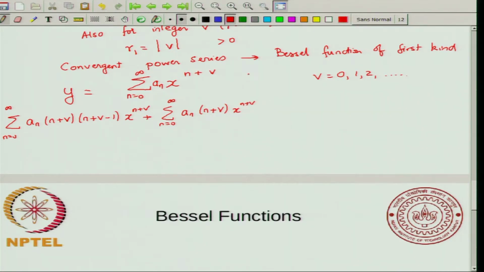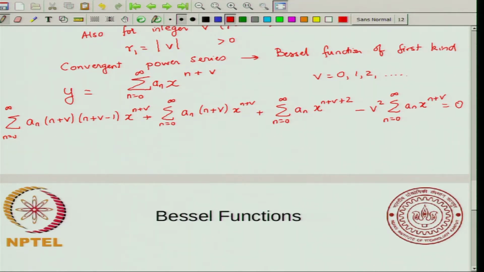These come from the first two terms, and then you have an x square term, which looks like the sum over n equal to 0 to infinity of a_n x raised to n plus v plus 2. Then you have the minus v square term: minus v square times the sum over n equal to 0 to infinity of a_n x raised to n plus v, equal to 0. So this is the general equation.